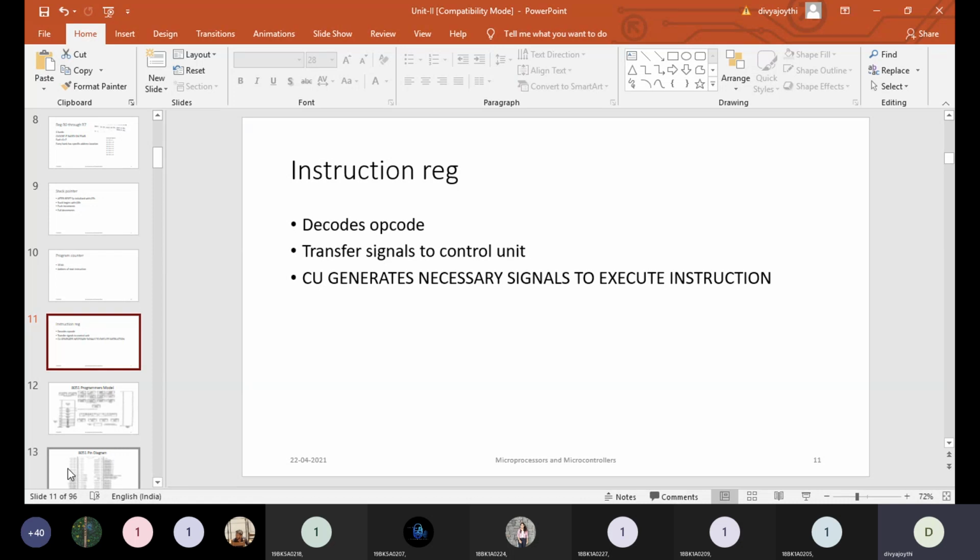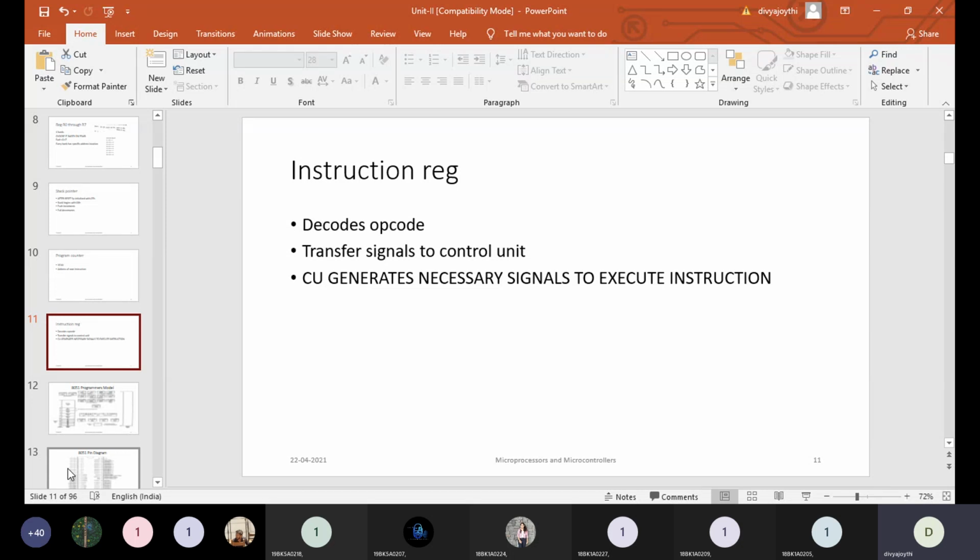So here the instruction register will decode the opcode. After decoding the opcode, that means after converting the mnemonics into machine language, it will release signals to the control unit. Once the control unit receives the signals from the instruction register, it will again release signals. Here two kinds of signals are being released: one by the instruction register, another by the control unit.